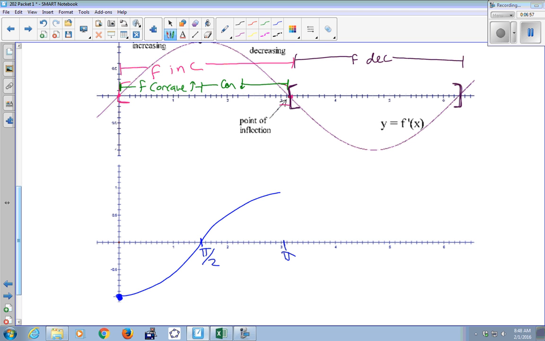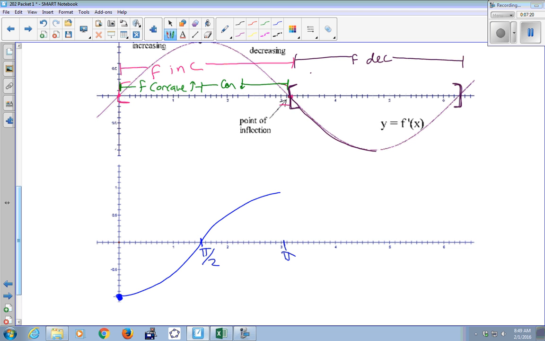Okay. All right, and now this is f prime. From pi to 3 pi over 2, f prime is decreasing. It's going down, right? When f prime is decreasing, what does that tell you about f? Concave down. Okay.